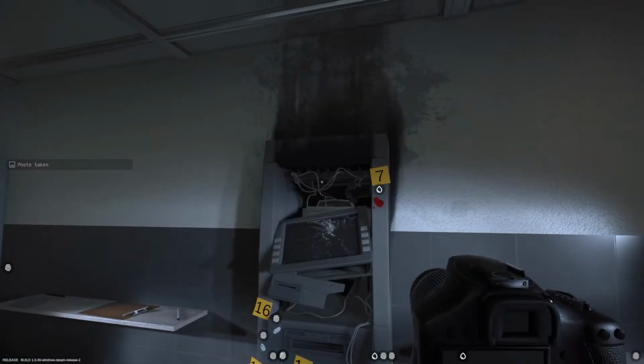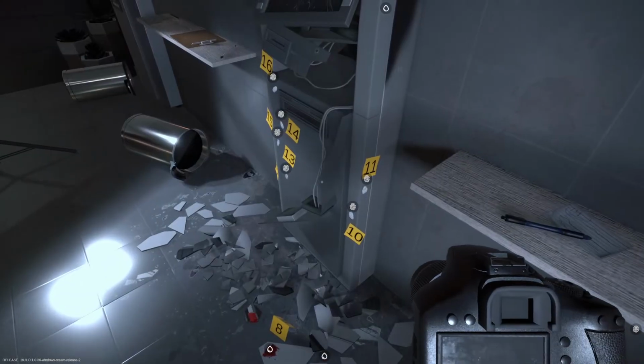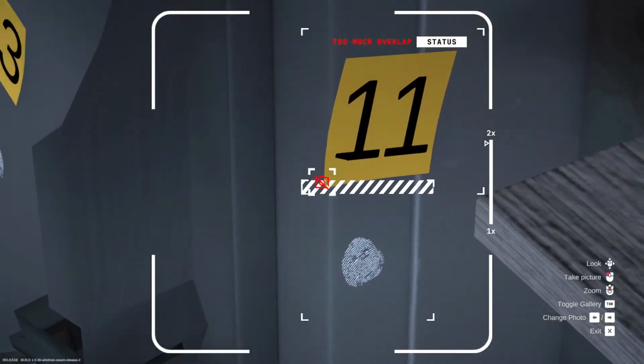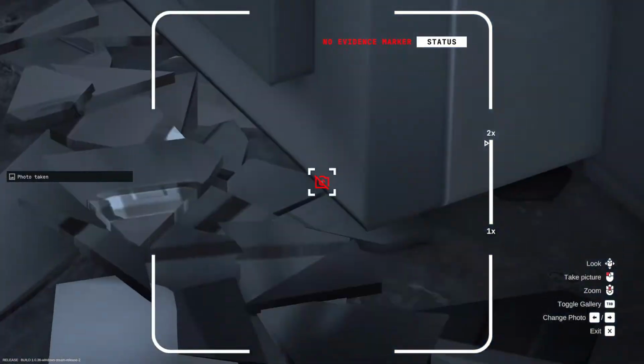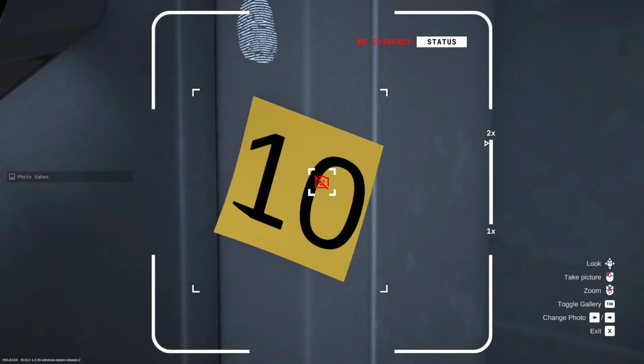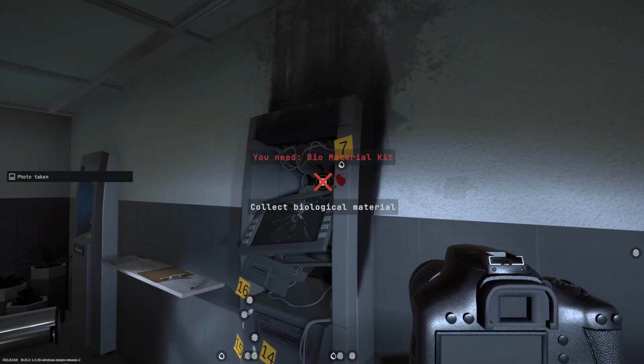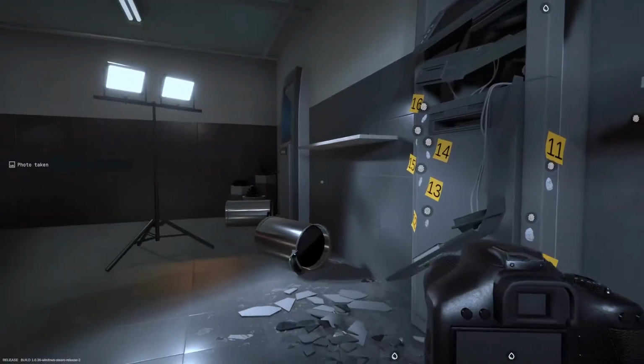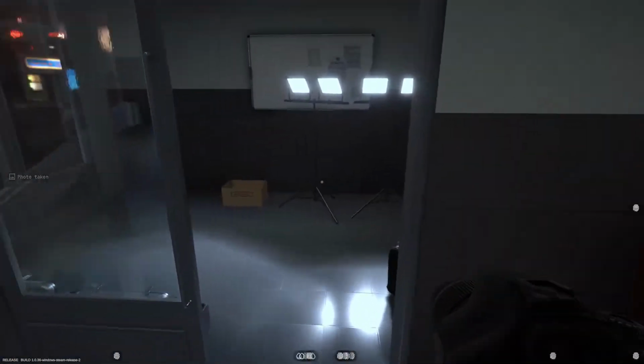I mean, not the greatest photos, but I think they're good enough. I don't know if I got 11. I'm gonna retake it just in case. I feel like I got it though. But just in case, I'm gonna retake those.